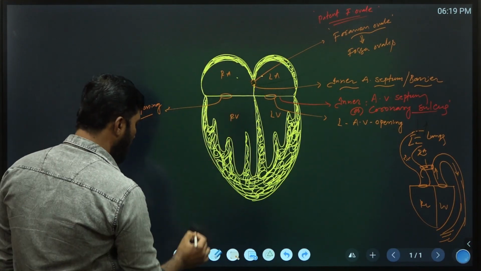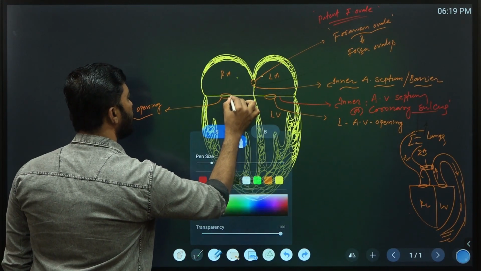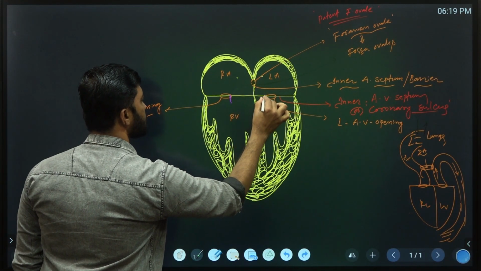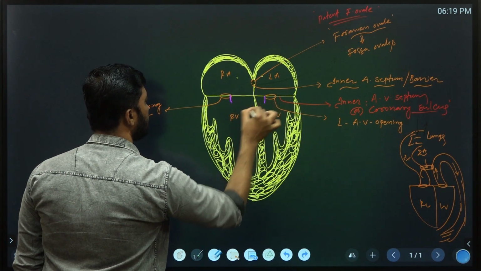Now, valves are present in these openings.